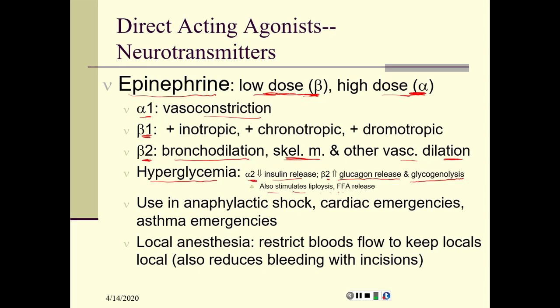So epinephrine is often used as an emergency drug in treating anaphylactic shock and possibly other forms of shock. Just as a general word, shock means that blood pressure has fallen too low to be consistent with extended life, right? It's a life-threatening drop in blood pressure.